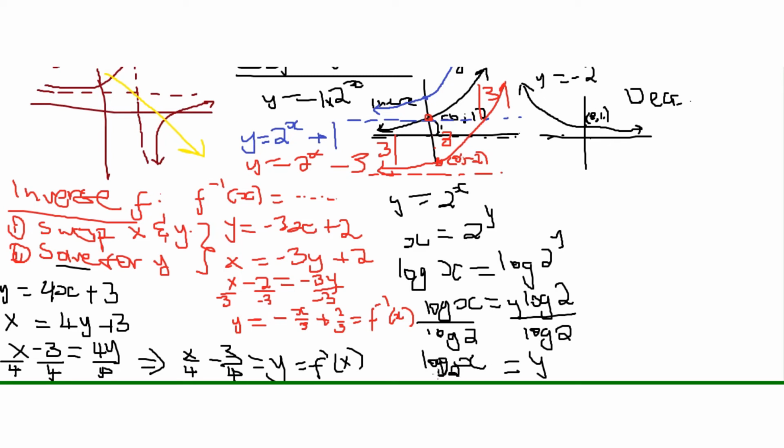I will make a video on how I eliminated one of the logs and how that is important in the log video. Thank you so much, and this will be equal to your inverse for the exponential graph given here. So that's how we calculate inverses, and that's about it.